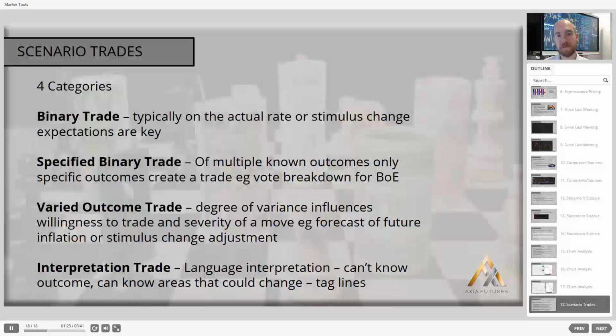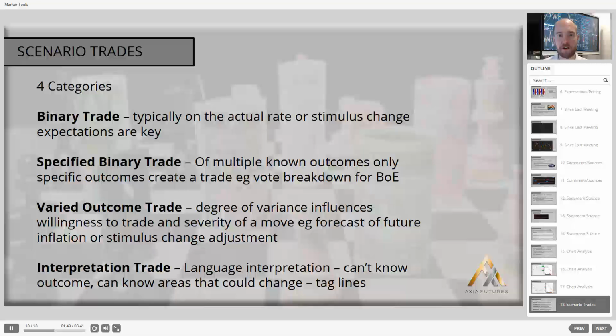Now it could be that of the multiple different breakdown scenarios you could have, 2 of them will create a trade, one a dovish, one a hawkish trade. So therefore it's a specified binary trade. You're only looking for certain outcomes to trade, not trying to judge all of them and not acting on all of them.